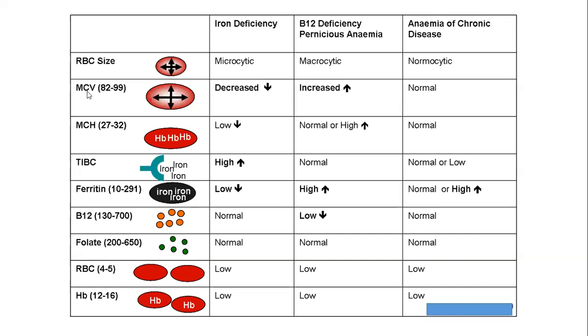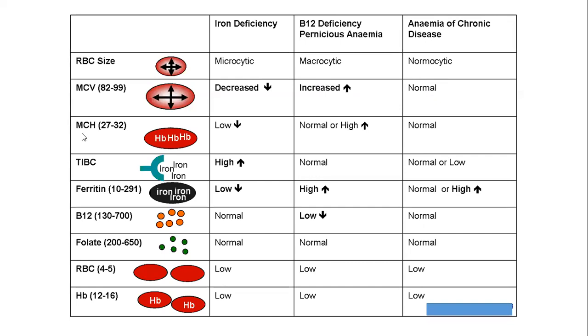What about the MCV, mean corpuscular volume? We can say it is normal at 82 to 90. In case of iron deficiency, MCV is decreased. In case of vitamin B12 deficiency or pernicious anemia, it is increased. But in anemia of chronic disease, red blood cell size and MCV are normal.